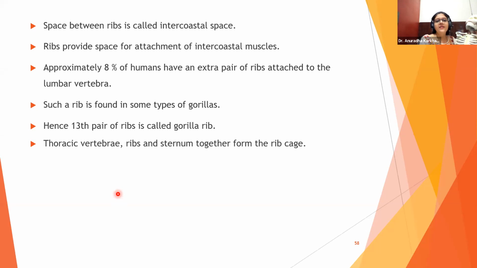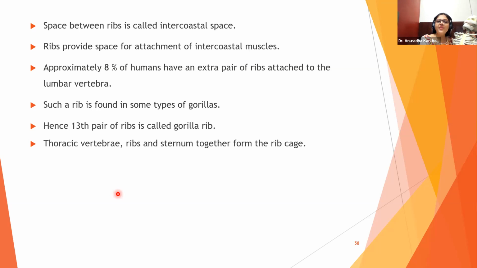Such a rib is found in some types of gorillas. Hence, 13th pair of rib is called as gorilla rib. So only few, very rare humans have got this 13th pair of ribs. They aren't gorillas, but the gorillas are going to have the 13th rib. And so these people are said to have gorilla ribs.